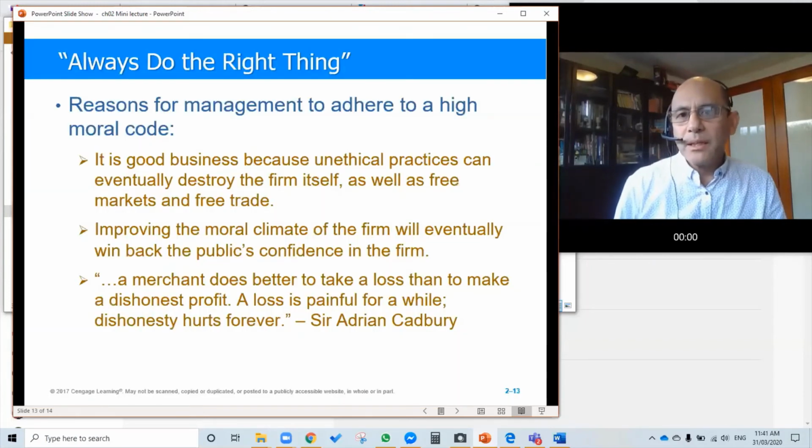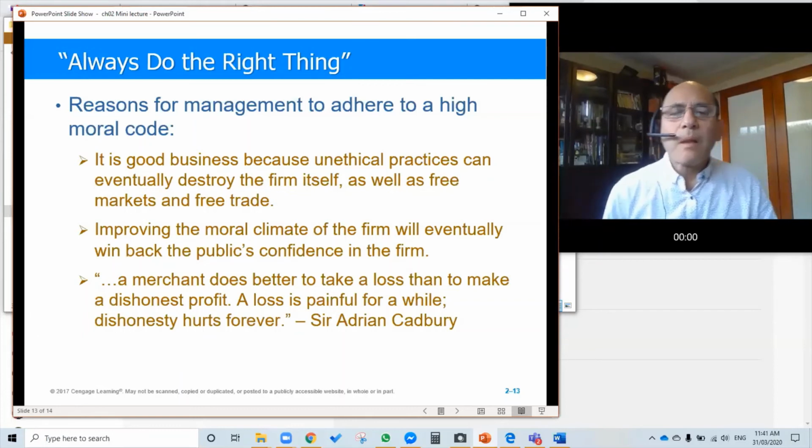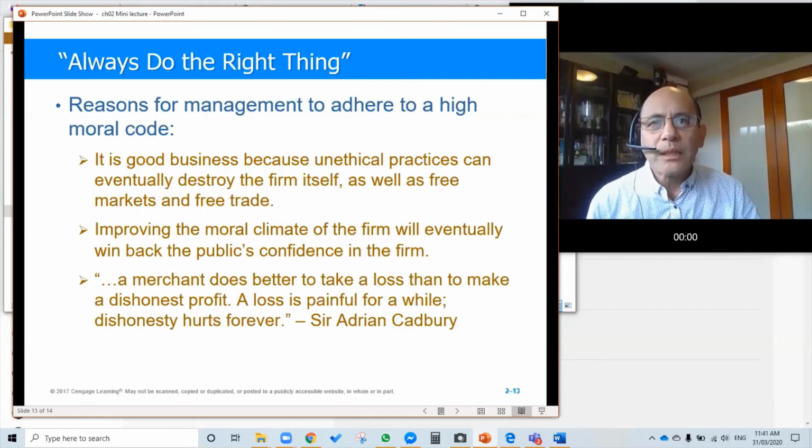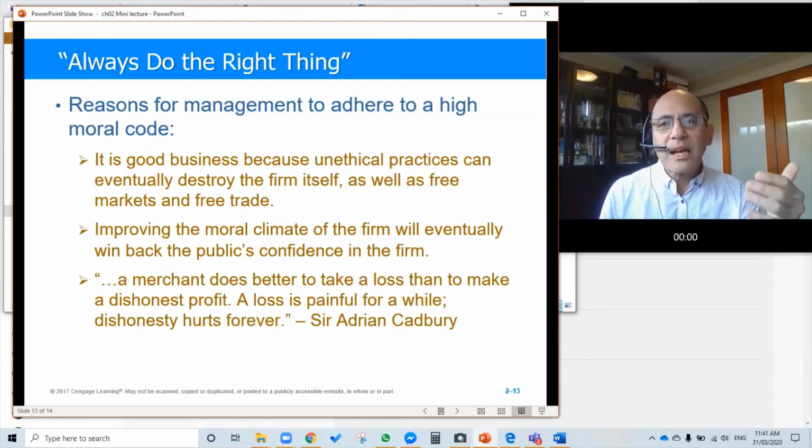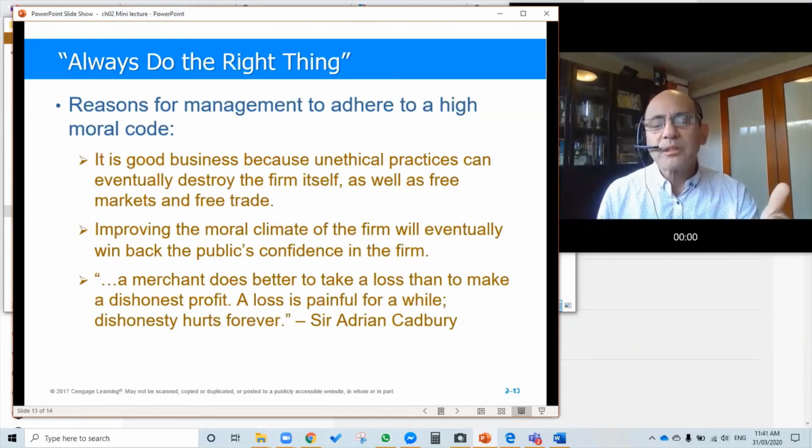All right. Lots of experts will tell you that if you're a good businessman, doing the right things, being ethical is actually doing good business. In other words, at the end of the day, if you are ethical, that will be good for your business. You will eventually reap more rewards for being ethical.